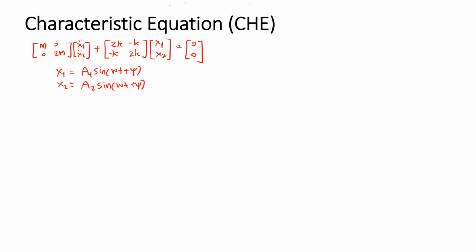If we know x1, what should x double dot be? Do you have any idea how to compose the matrix that has only x1 and x2 in the vector?